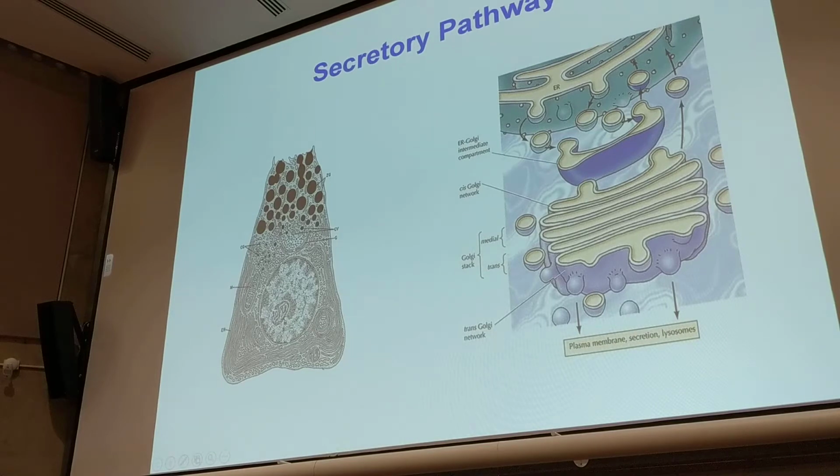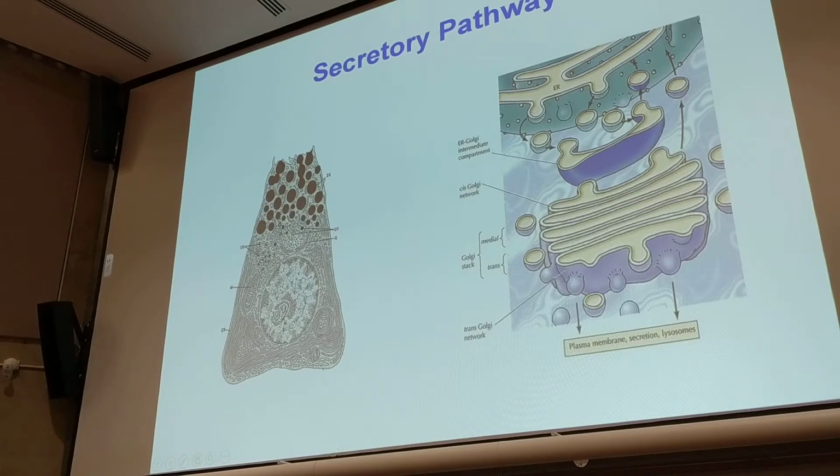See a cell, for example, that has these attributes here. Whenever you see all these vesicles here, that means that this cell secretes products outside of the cell. Okay?